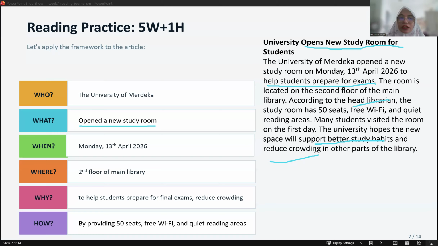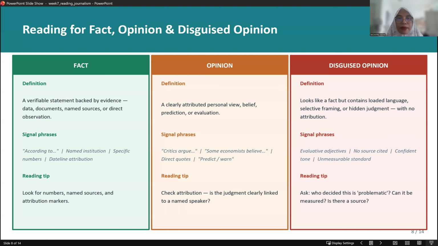So when they are studying, the library becomes crowded, or packed. So they open a new study room so that students can have a new space to study. Okay, so now you can identify all the elements, the 5W and 1H, of the news article.